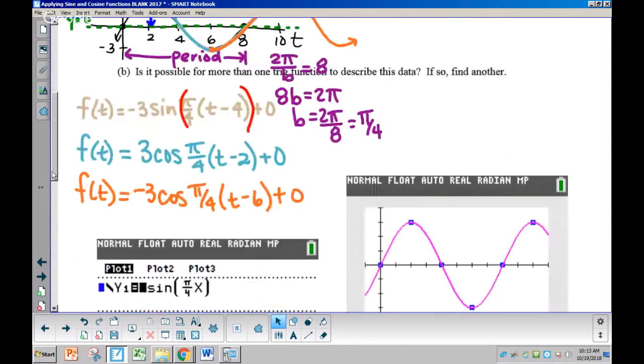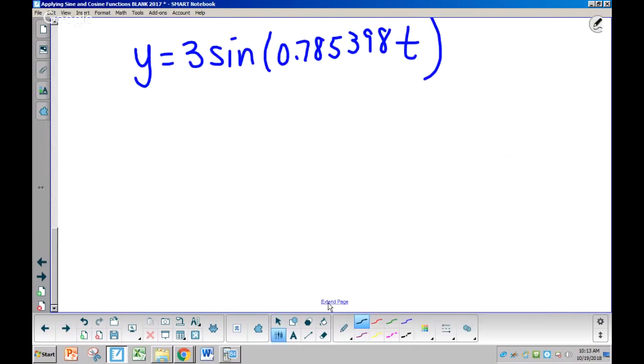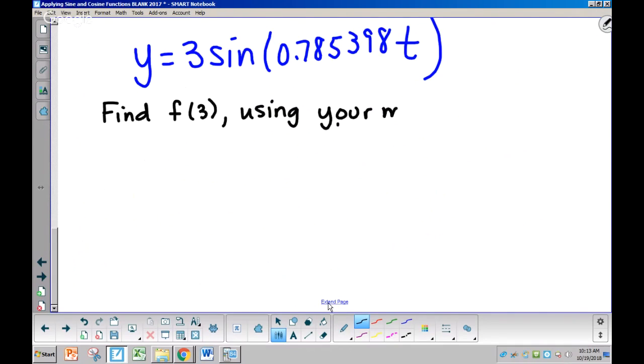Second trace x, or not, second trace value. Right, but let's see, what if we wanted to find f of 3 using your model? Now, the model for our data is the equation that we came up with.